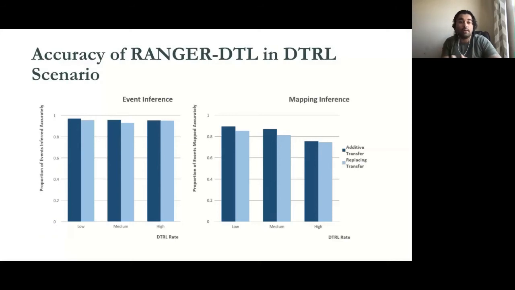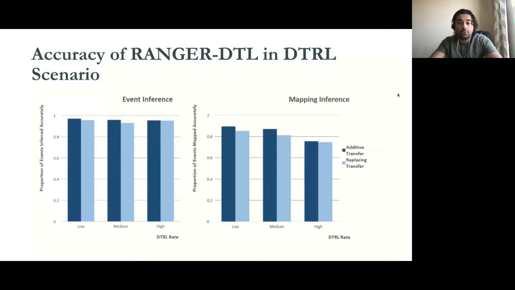But even without having that knowledge, RangerDTL can pick up or accurately label transfer events of either type as transfer events, regardless of the DTRL rate. And it also does a fairly good job at mapping those transfer events accurately onto the species tree.